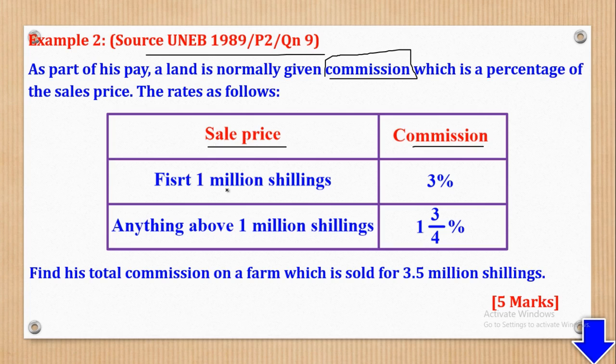For the first 1 million shillings, the commission is 3%, and for anything above 1 million shillings, the commission is 1 3/4%. Find his total commission on a farm which is sold for 3.5 million shillings, and they give it 5 marks.